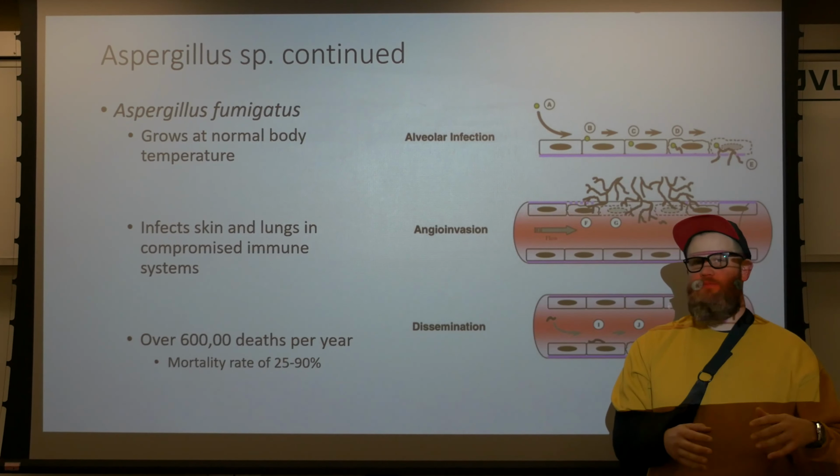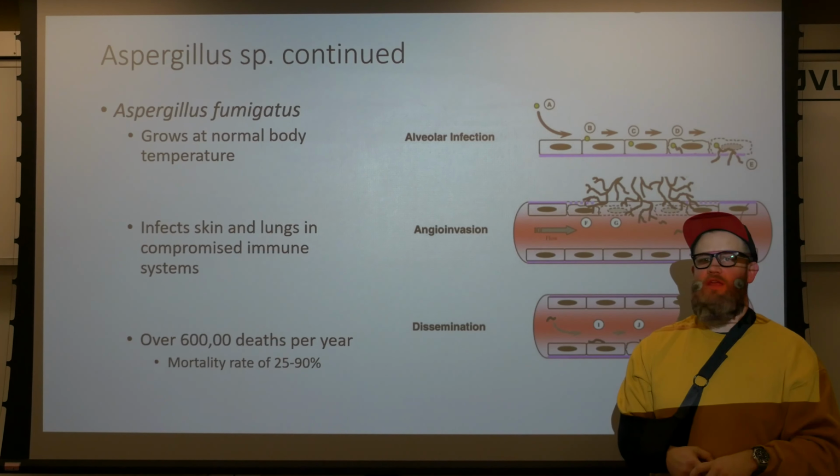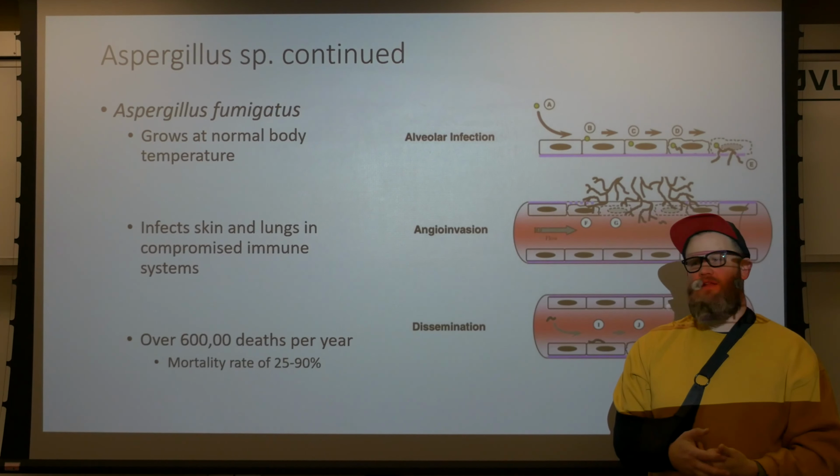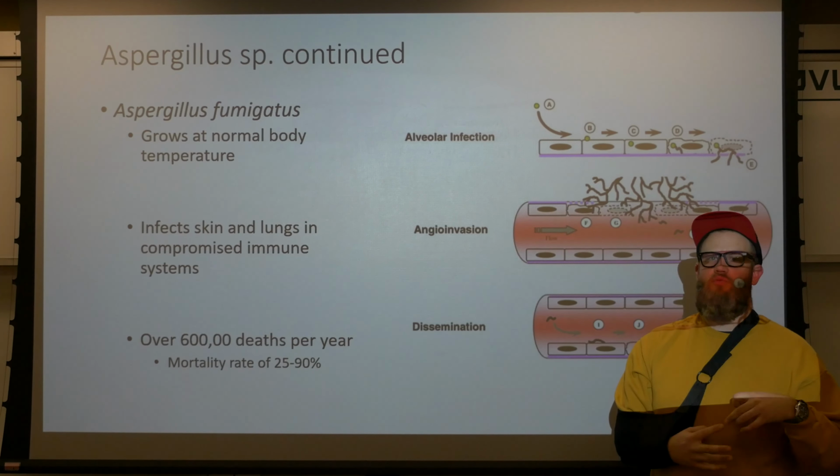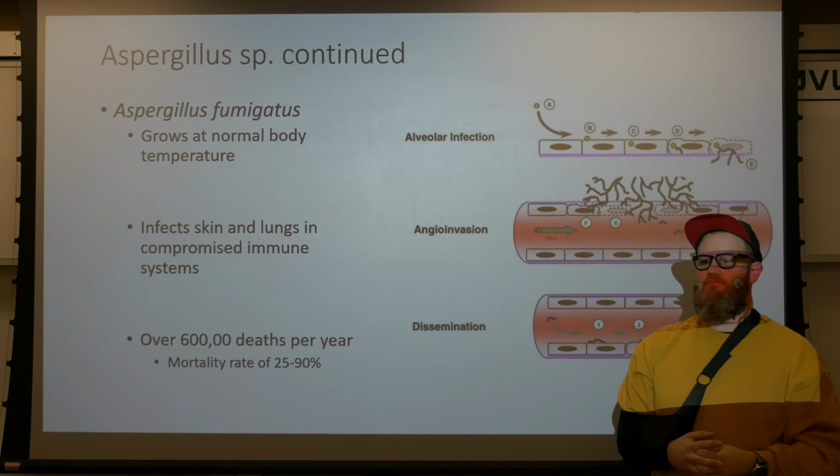That mortality rate is so variable and so high at one end because it is getting in on people with compromised immune systems. A lot of times people will encounter this post-AIDS therapy, post-cancer treatment, post-surgery, and things like that.